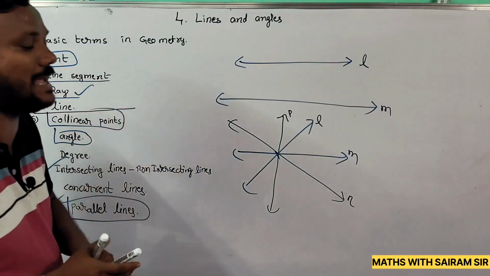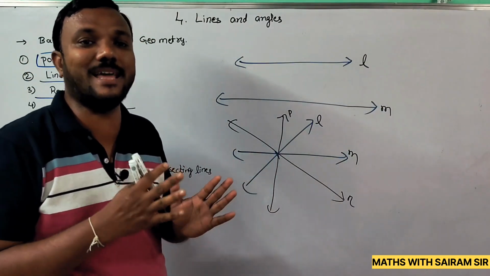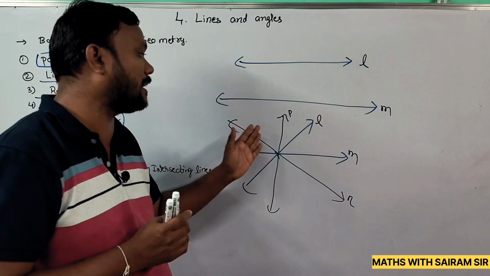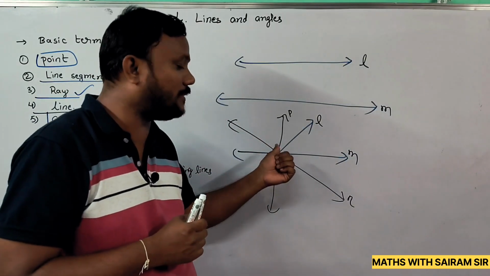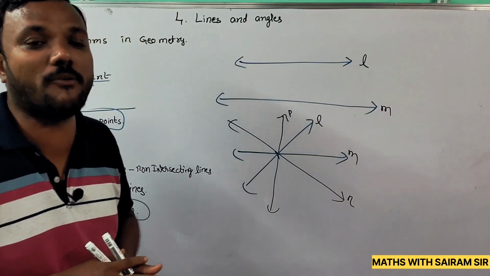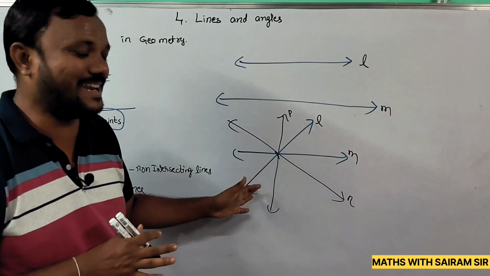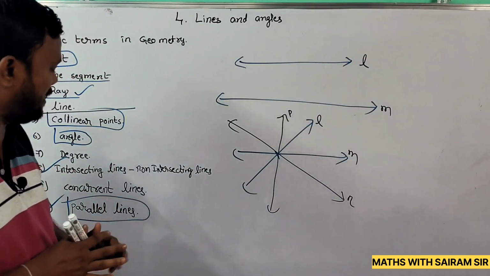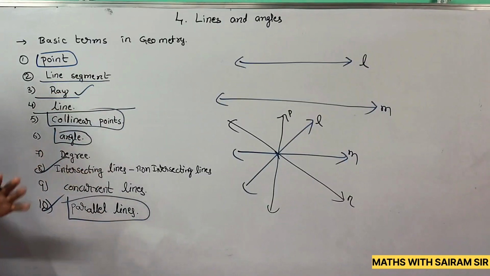Two or more lines having a common point are known as concurrent lines. That point which is common to all the lines is known as the point of concurrency. Okay, this is about the basics of this geometry.